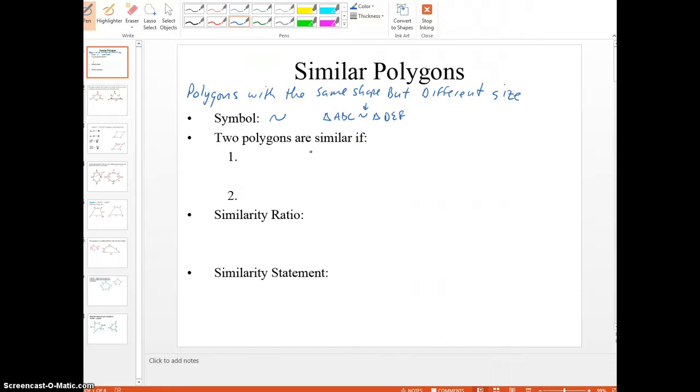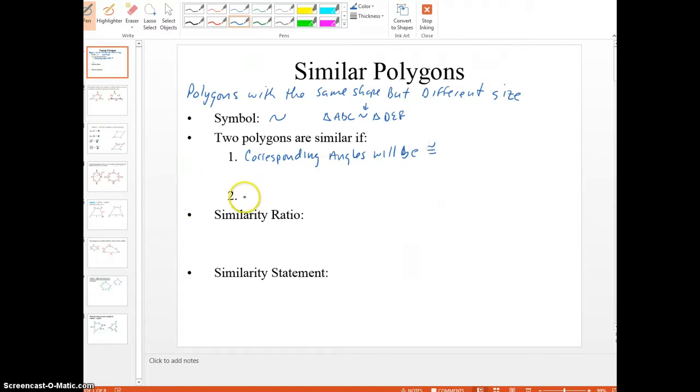Now, if polygons have the same shape but different size, two things must happen if they are similar. One, the corresponding angles will be congruent, and that's what gives it the same shape.